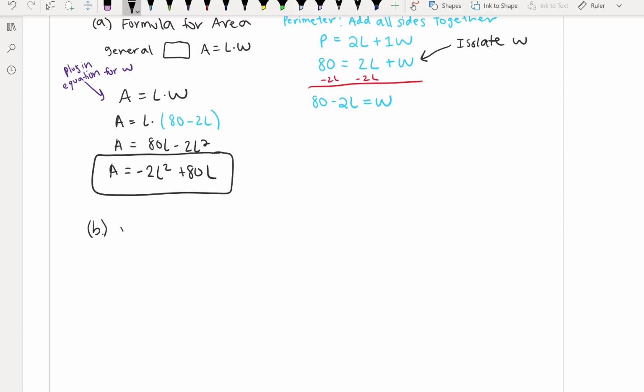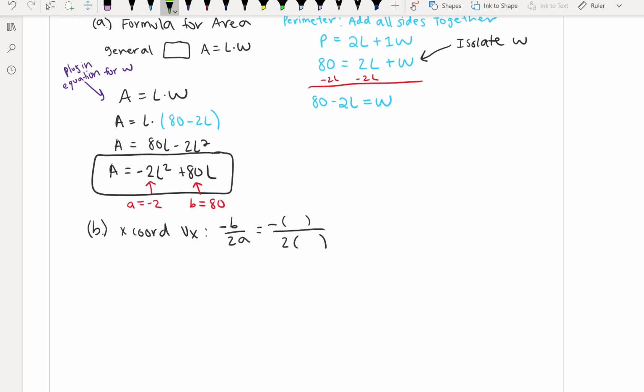So to find the x coordinate of the vertex, hopefully you have that formula, negative b over 2a. So in this case, we have that a is equal to negative 2. That's that number. And b is equal to 80 because that's the number. Okay, so I have negative b all over 2 times a.